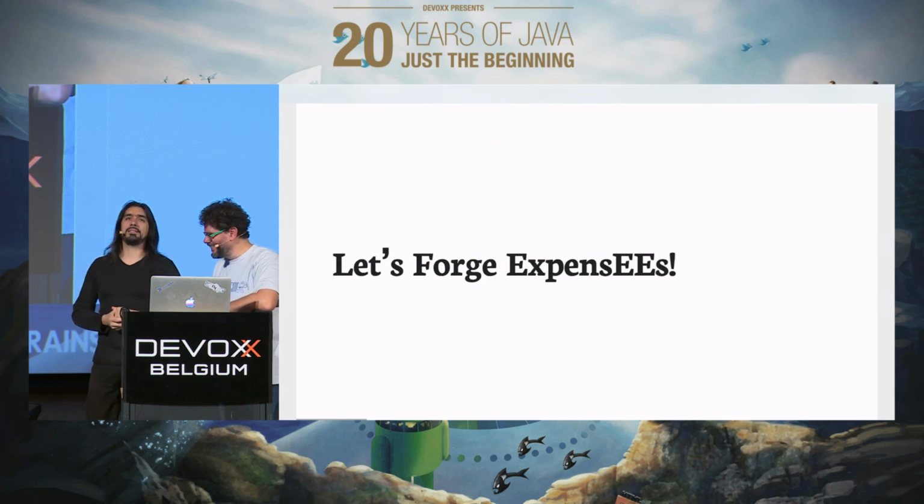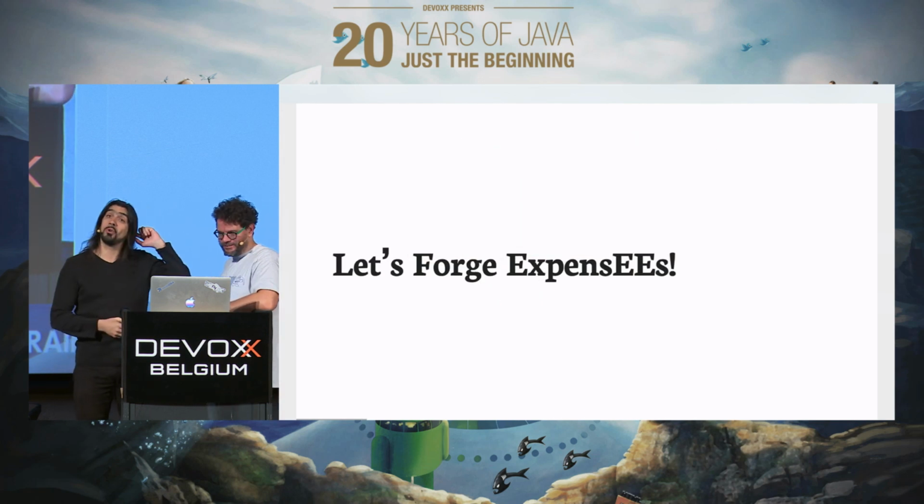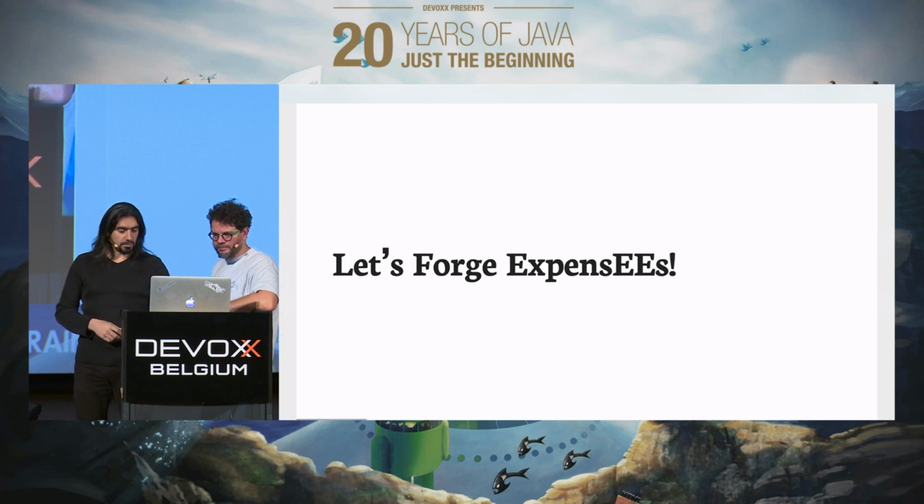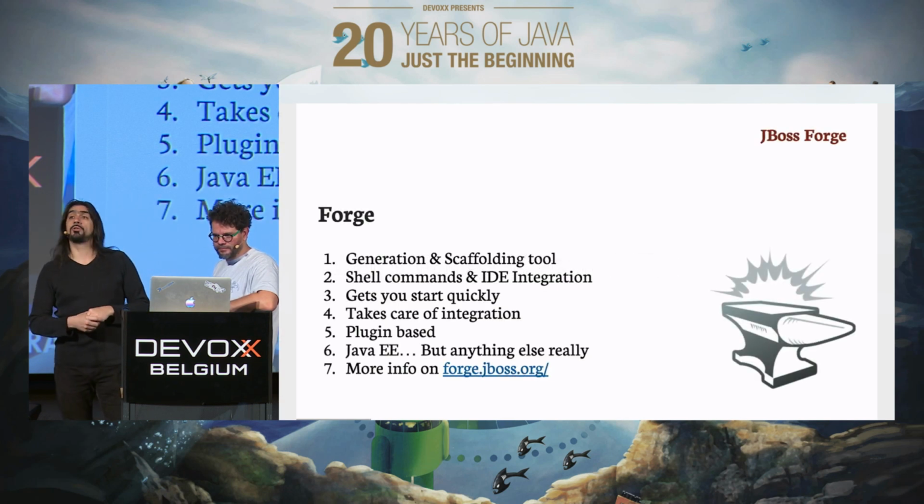Well, let's start with JBoss Forge. Let's quick start our application. JBoss Forge is a tool for generating code and scaffolding code. I'm going to use it either in a shell command or with the IDE integration.